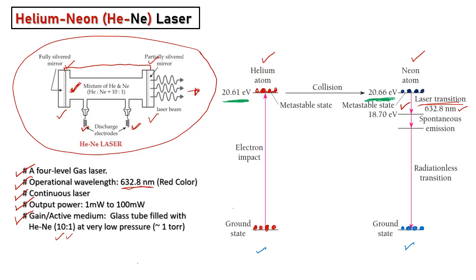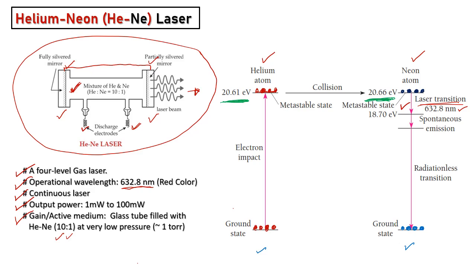In such a system, you can see that the metastable state of the helium atom, which is 20.61 electron volt, and 20.66 electron volt of the neon atom are very close to each other, with only about 0.05 electron volt difference.